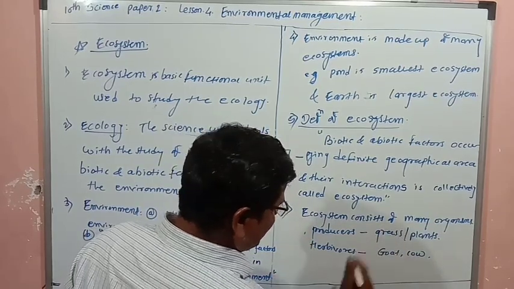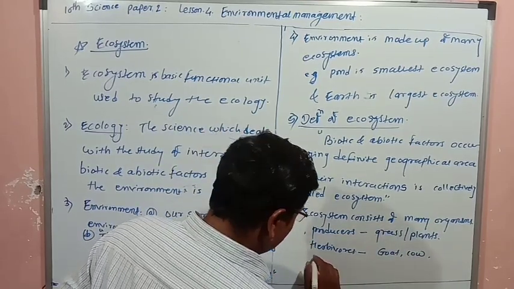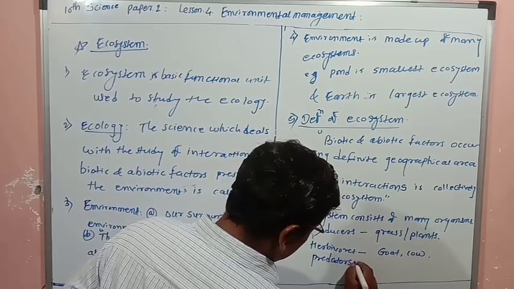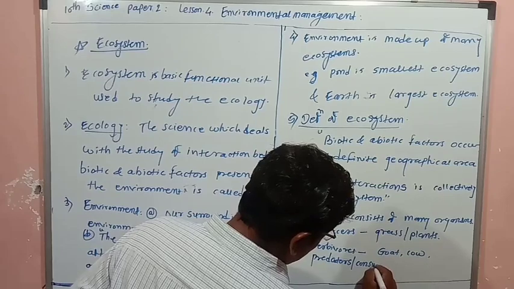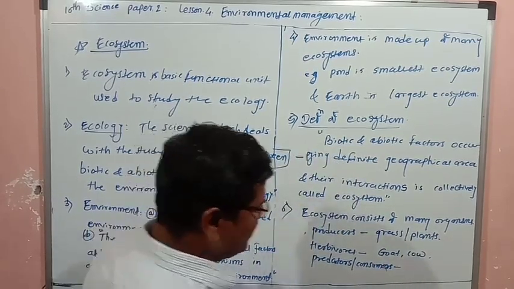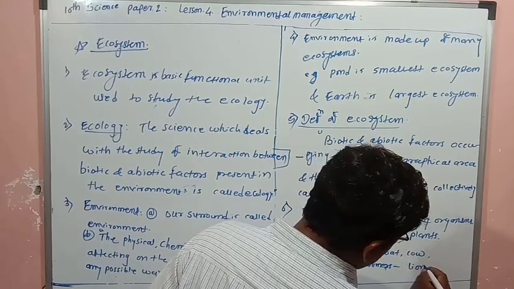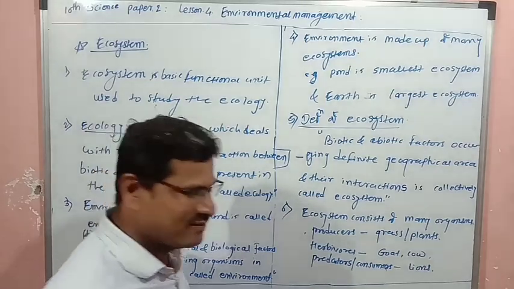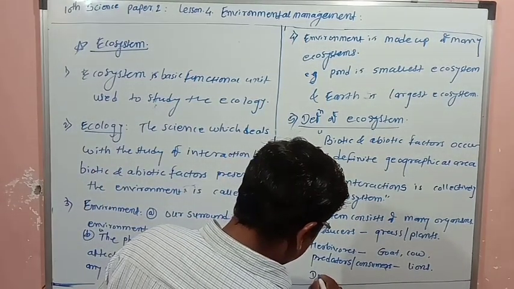Again, predators or consumers also you can say. Consumers, predators. In that, lions, tigers will be there. And at last there will be decomposers.